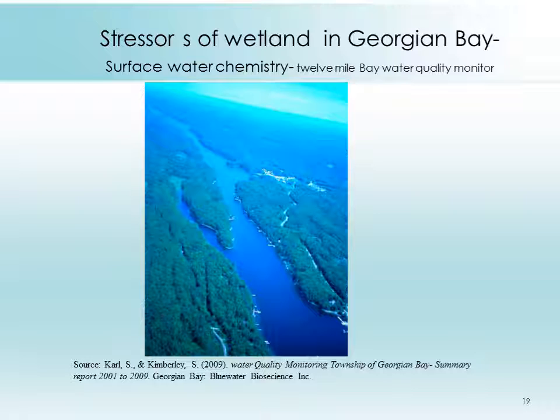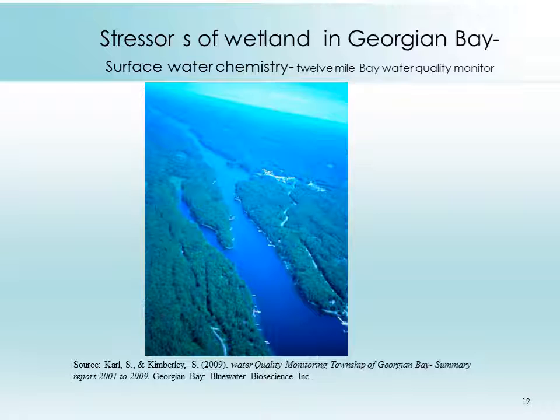Now let's discuss how surface water chemistry impacts the wetland in Georgian Bay. We can discuss this from one example. This example came from the 12 Mile Bay water quality monitor.